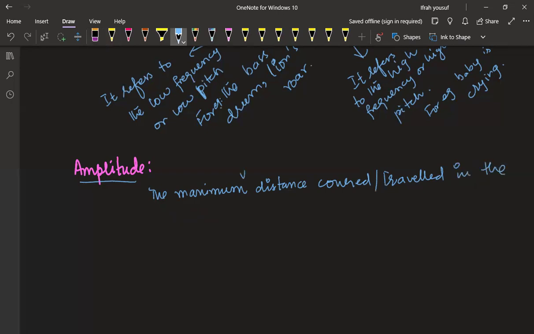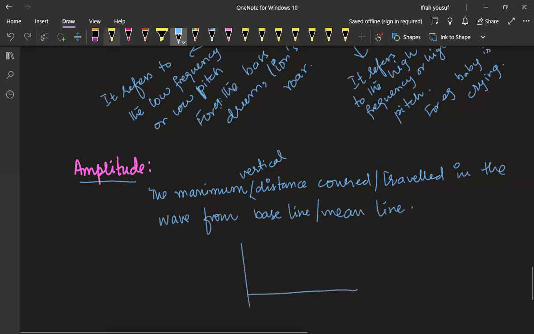The maximum vertical distance. I should mention it as a vertical distance, okay? The maximum vertical distance covered or traveled in the wave from the baseline or mean line. Clear? सही है?